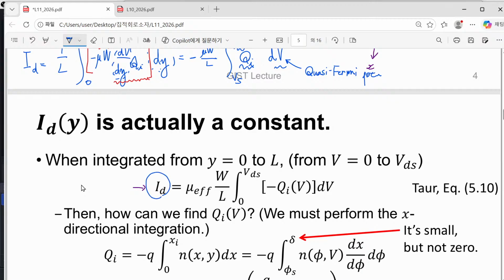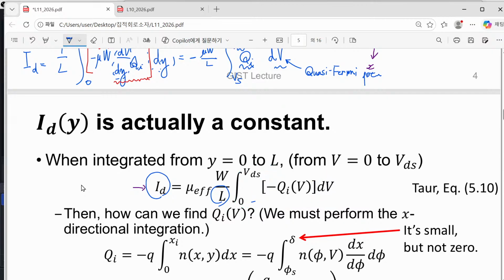The drain current is simply given as this 1 over L term from integration, but the most important one is this one: nothing but integrating our inversion charge density with respect to this electron quasi-Fermi potential from 0 to Vd. Why do we have this difference? Because this one is equal to Vd and this is equal to Vs.